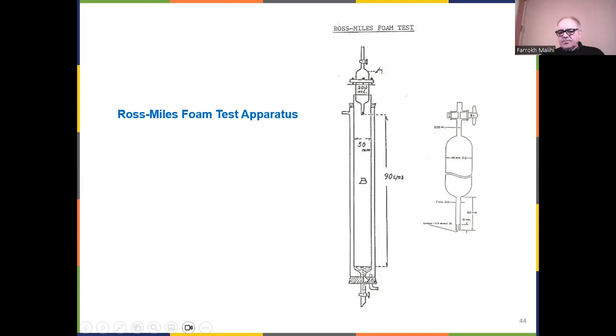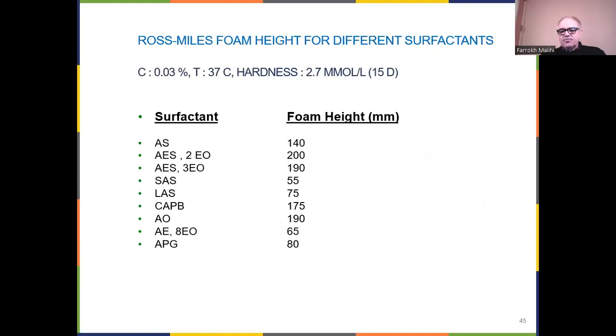We place some surfactant solution at the bottom, and then the remainder of the solution is placed on top, and the valve is opened, and the liquid drops onto this solution and generates foam. And then we basically measure the height of the foam and use that as an evaluation of the surfactant efficiency in foam generation. Here are some numbers.